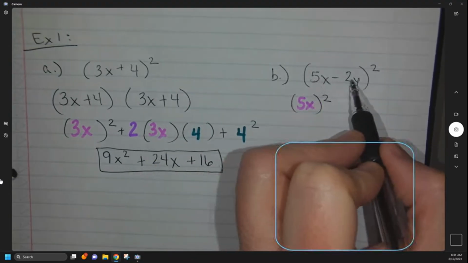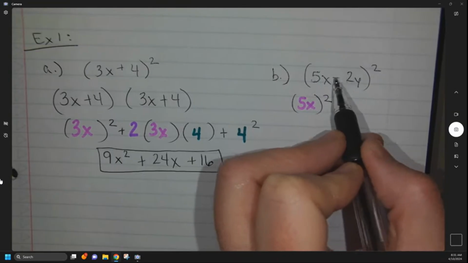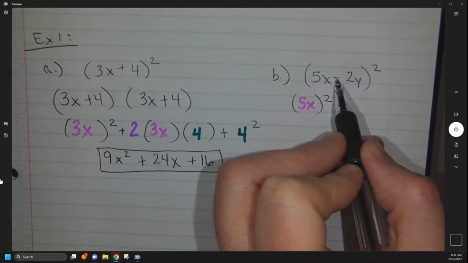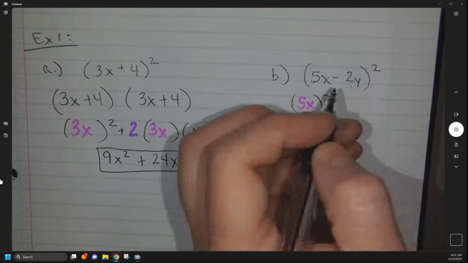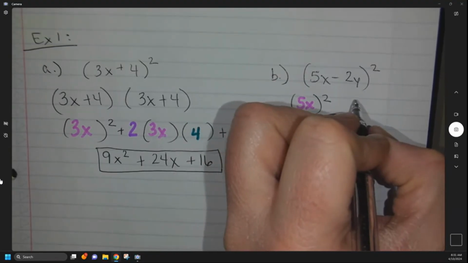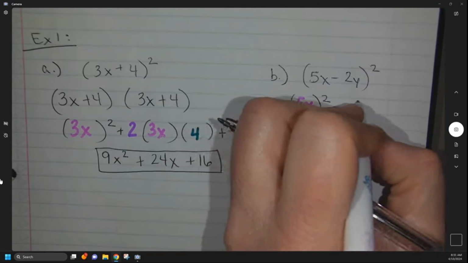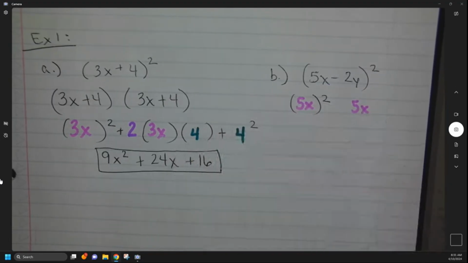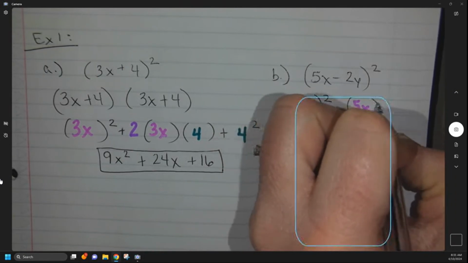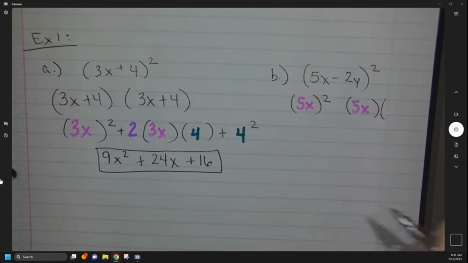Then 5x times 2y, well, we've got 5 times negative 2 here. So 5 times 2 is, let's just write it as our separate pieces. We'll simplify it in just a second. I think it'll be easier for us to see here. So you've got your 5x times your 2y.